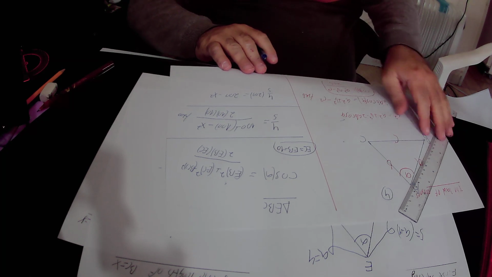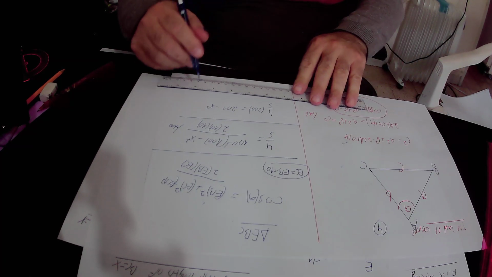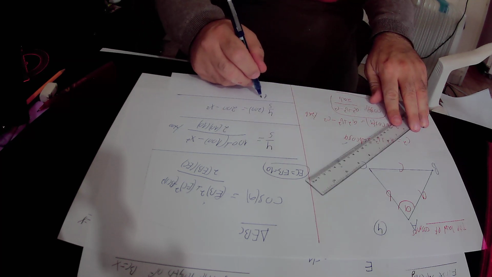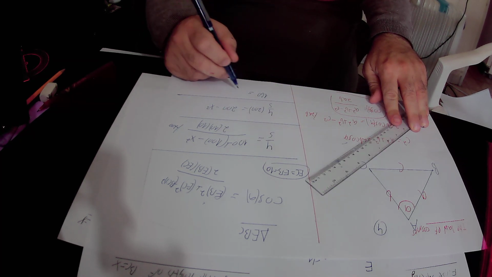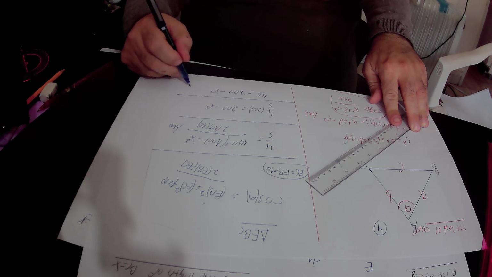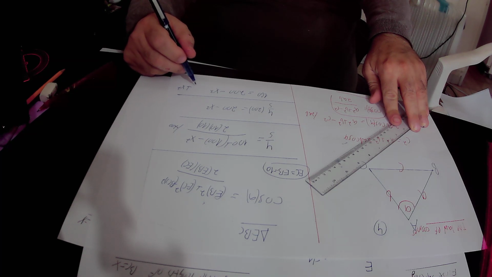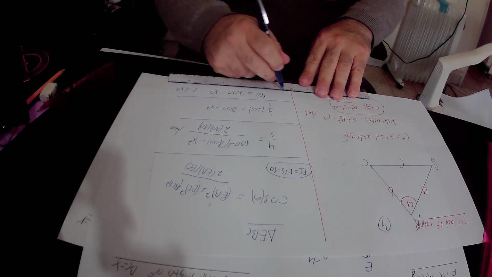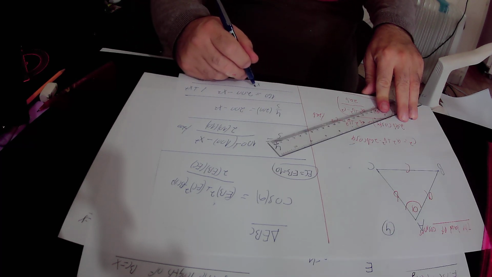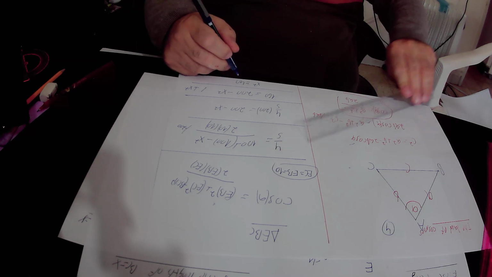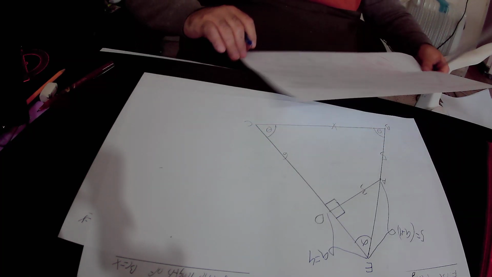Here 200 over 5 is 40, and 40 times 4 is 160. That equals 200 minus x squared. We add x squared and subtract 160, and we get x squared equals 200 minus 160, which is 40. So x squared equals 40.